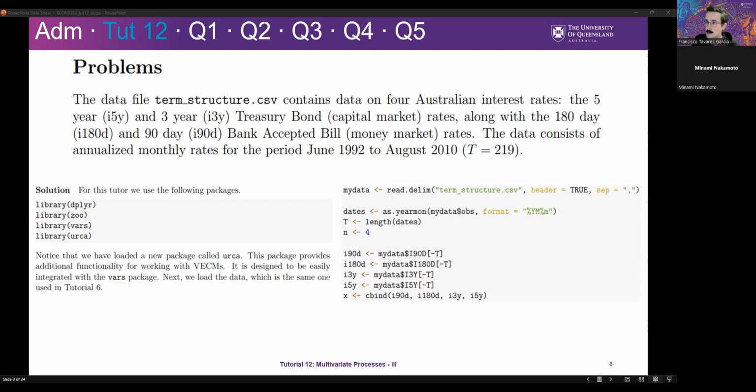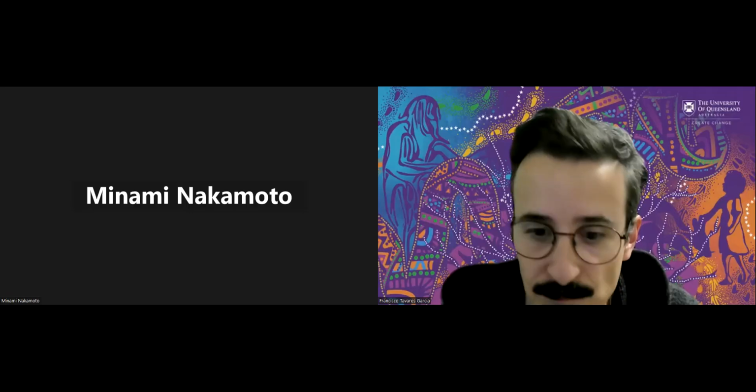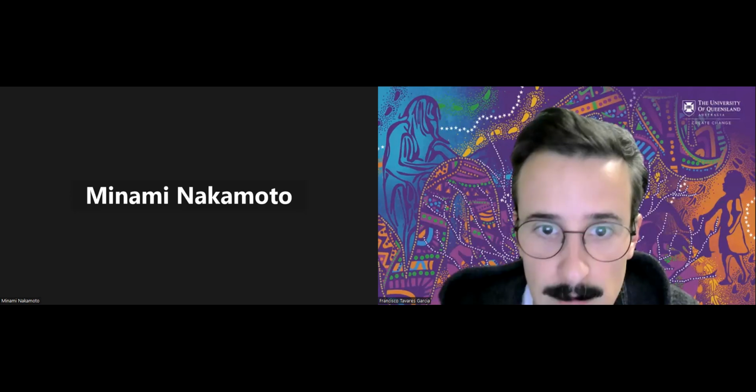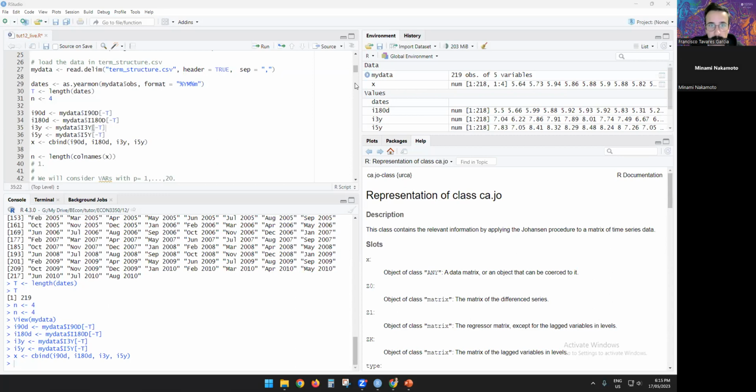First, call names. Oh, you cannot, sorry. It says on my computer that it's screen sharing, but let me stop share and share screen again. Can you see my R now? Ah, perfect.